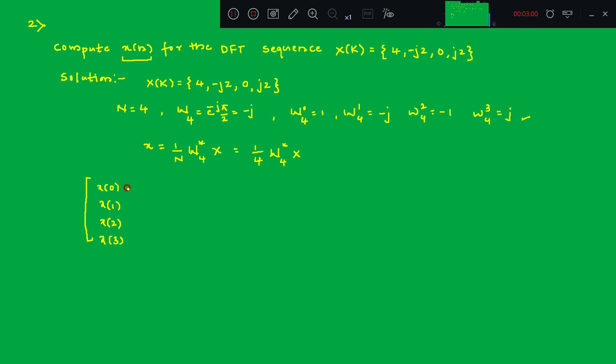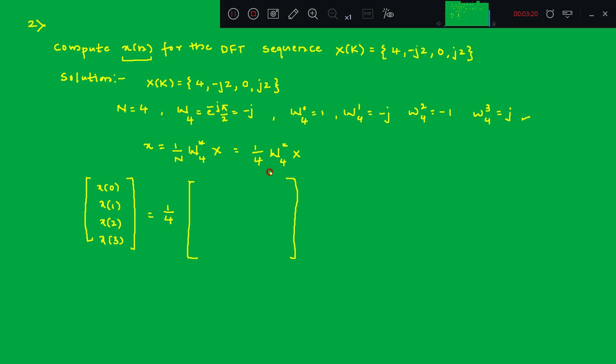So this is my output sequence, the IDFT sequence, and here it is 1 divided by 4, and here you have to write the IDFT matrix, that is nothing but 1 by 4 times the conjugate of the DFT matrix.